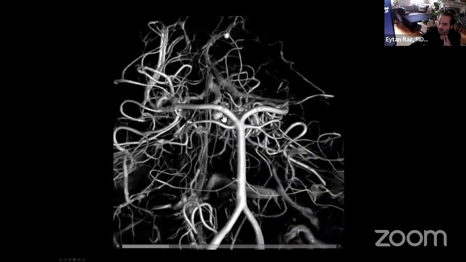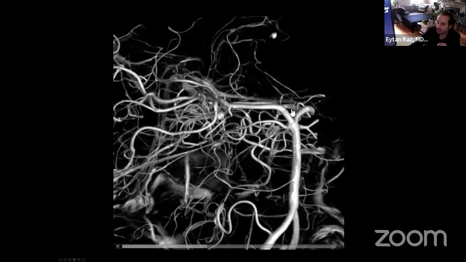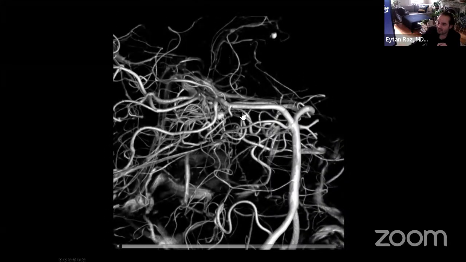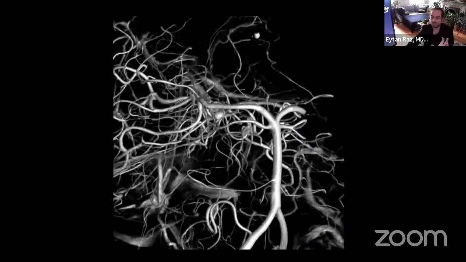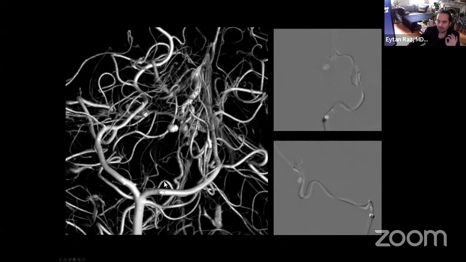You play with it, and you try to understand what supplies the AVM. And now you see this vessel comes from here. It's a collicular artery that comes from here, and then comes back here, rotates around and goes to the AVM. Once you identify this on your imaging, you know exactly where to go.